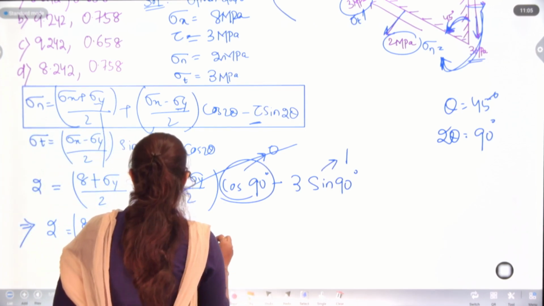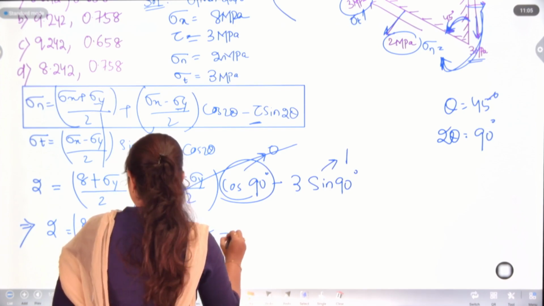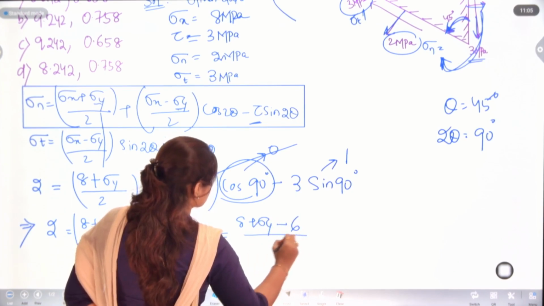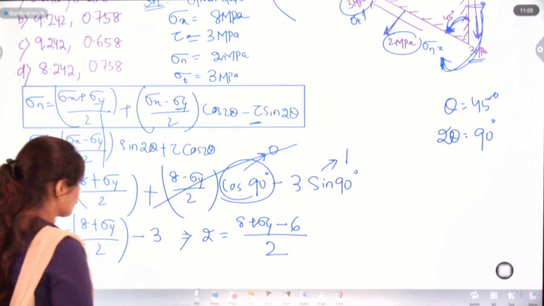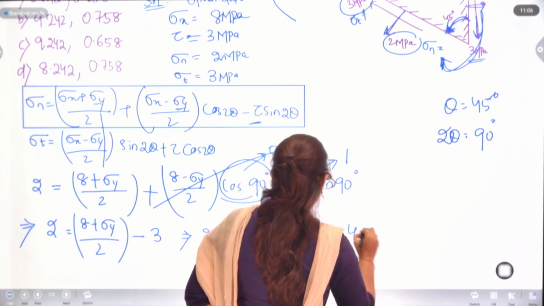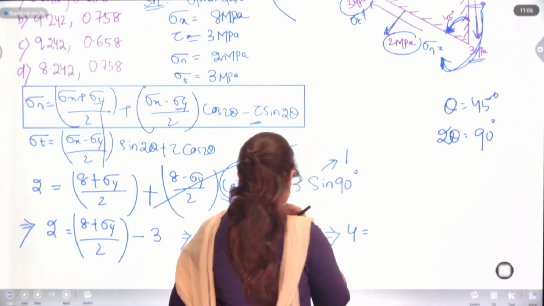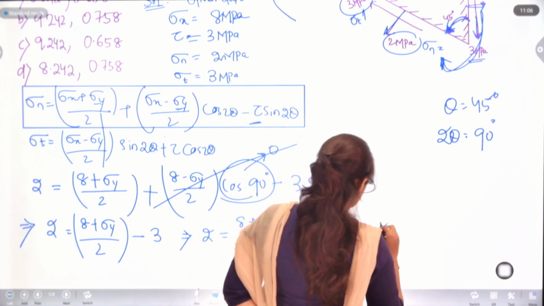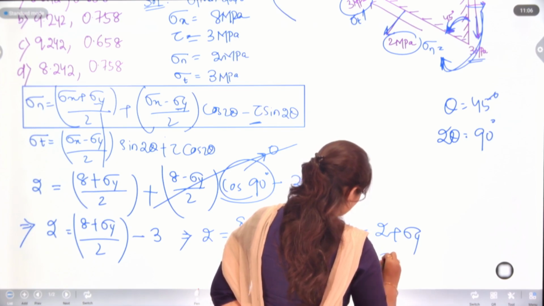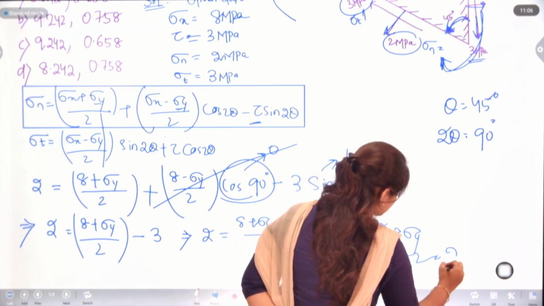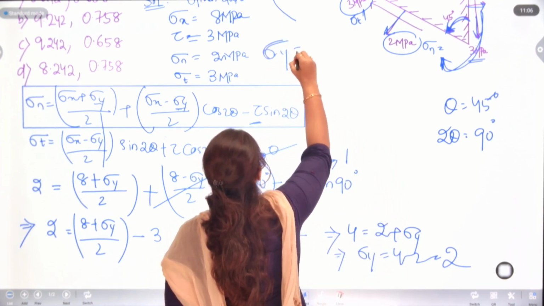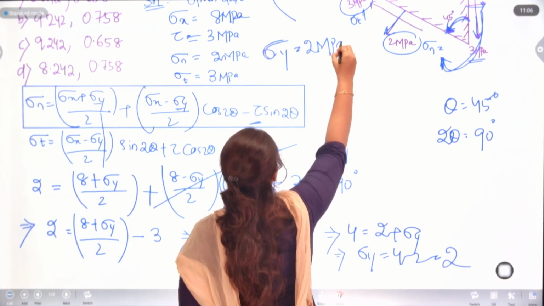Next, 2 is equal to 8 plus sigma y minus 6 upon 2. 2 into 2 is 4, and 8 minus 6 is 2, so 4 equals 2 plus sigma y. So, sigma y will be 4 minus 2, that is 2. So, we have sigma y as 2 megapascal.